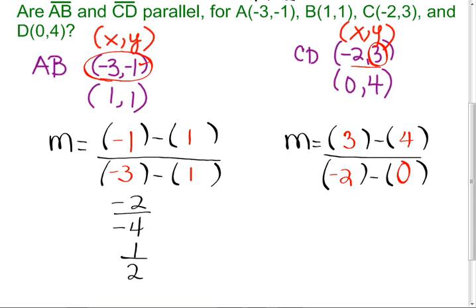So there are four numbers, and there are easy ways to mess it up. So I'm going to make sure by putting my parentheses here and lining them up vertically because it helps. What's 3 take away 4? -1, and this is -2, or 1/2. So yes, they are parallel.